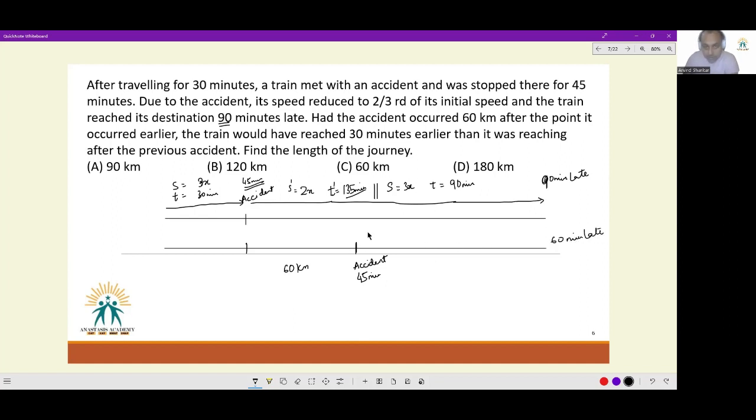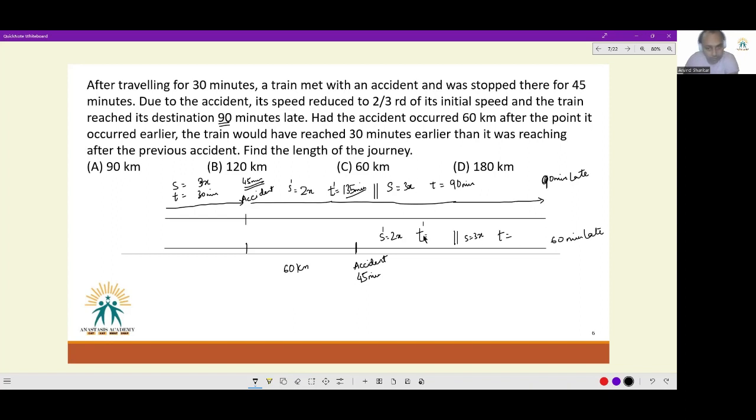In the second phase, the train had planned to move at a speed of 3x, but it actually moved at 2x, two-thirds the speed. So the ratio of time will be 3:2, and that differs by 15 minutes, which means that now the time taken for this journey, the planned time would be 2 units.